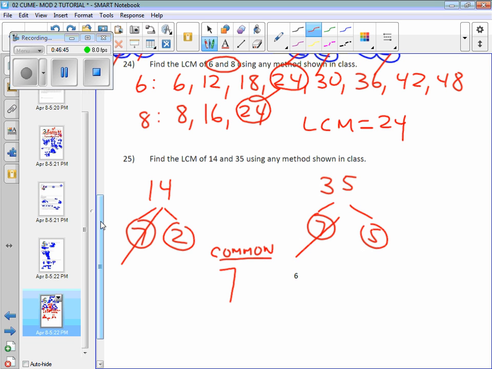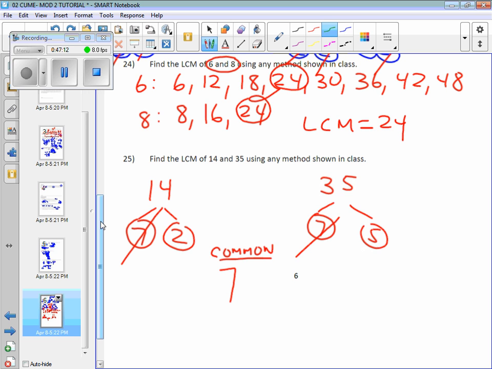What LCM is, when you use prime factorization, is the common factors listed once times the leftover prime factors. So we still have a 2 and we still have a 5. That's kind of like the junk, the leftovers, the waste, the extras, if you will, that we're going to tack on when we multiply all of our numbers together.